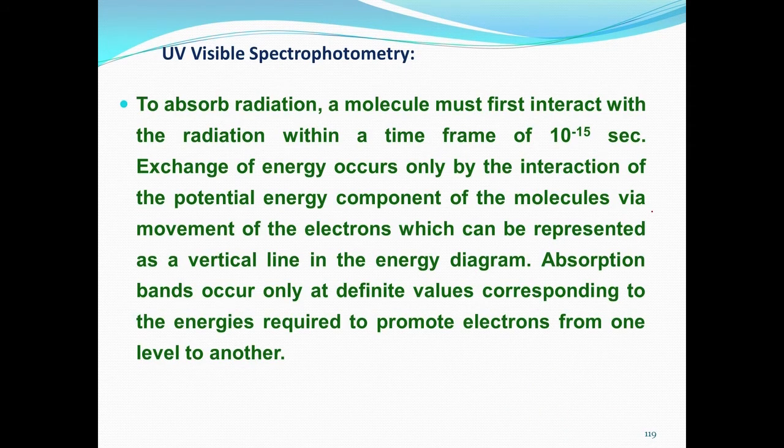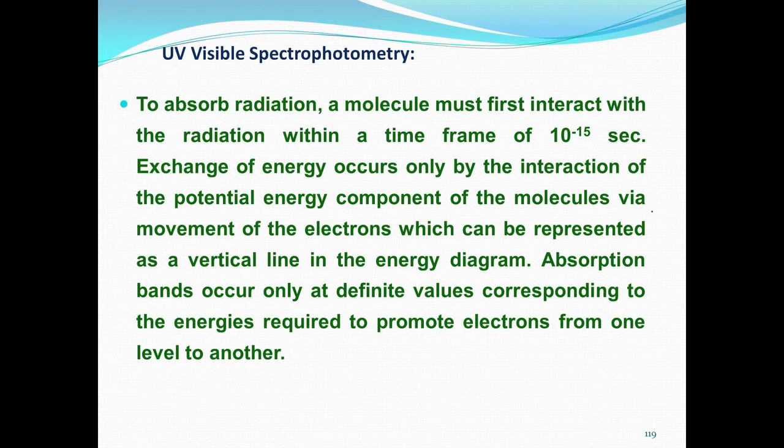So, in spite of all the things that we have discussed earlier, we will be continuing our discussion mainly in UV visible spectrophotometry and related aspects, that is turbidimetry, fluorescence, nephelometry, etc. So, from now on our discussion will be mostly in UV visible spectrophotometry.